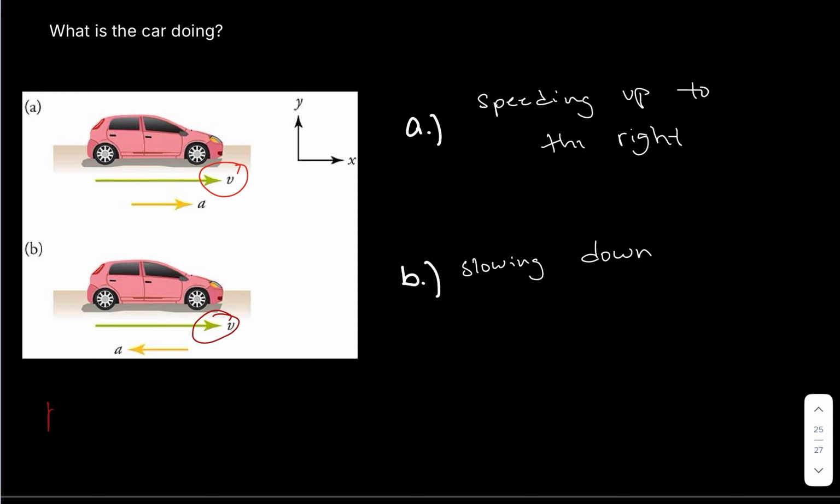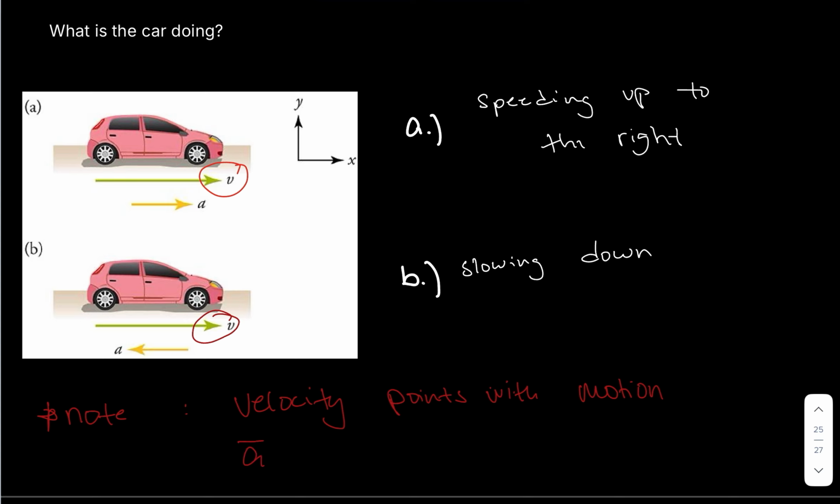So key thing to note: velocity points with motion. In both of these cases, the car was moving to the right, and we figured that out because of the v.